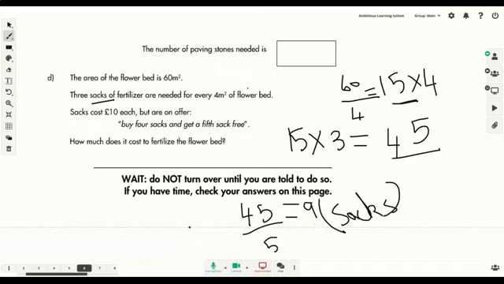Because in each lot of 5 sacks, 1 is free. Why did we do that? Because there's an offer. Remember that there's an offer going on. So then each of them costs £10. So you just need to multiply.